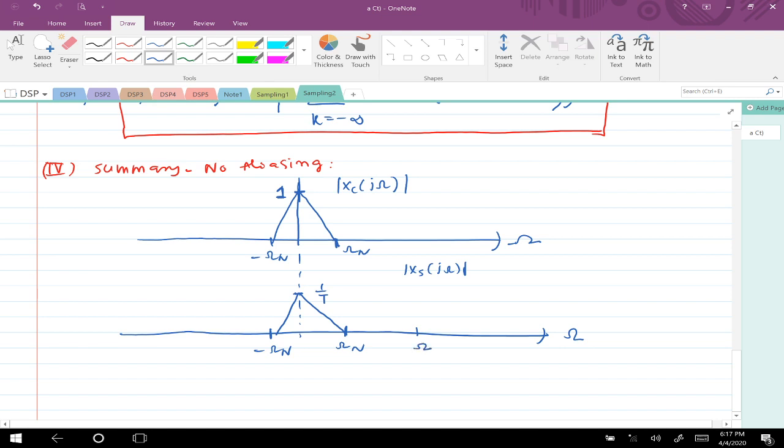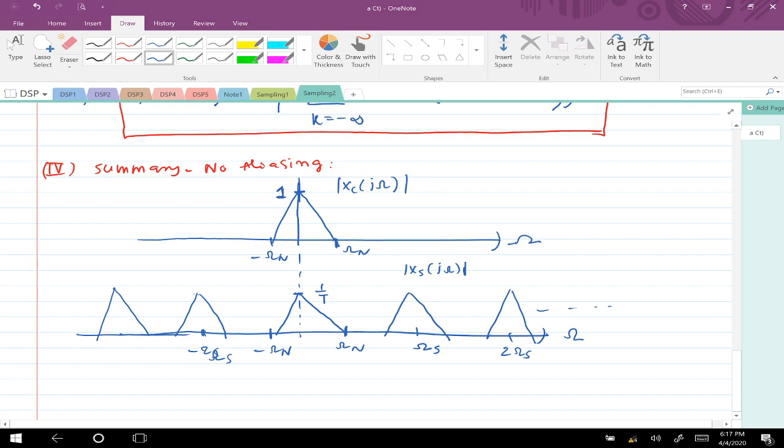This gets placed at omega s, depending on your t value. Assume that t is good enough to avoid any aliasing. You then have these copies placed at omega s, 2 omega s, and so on. Similarly on the negative side, this is minus omega s, with the same magnitudes, 1 by t, and the same distance, minus 2 omega s.